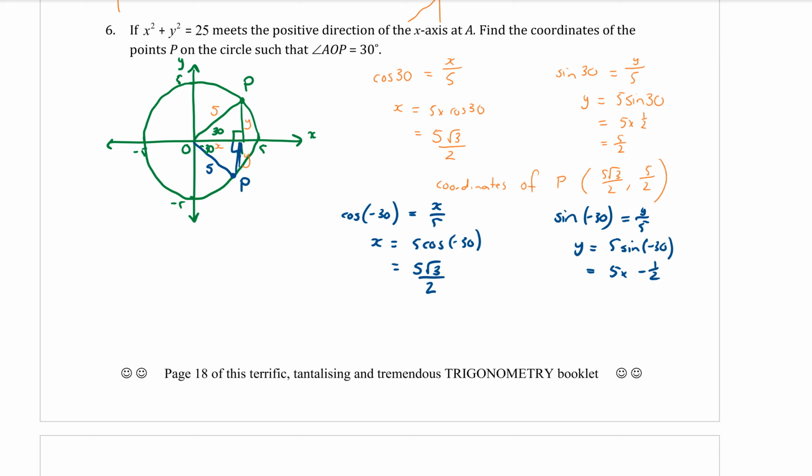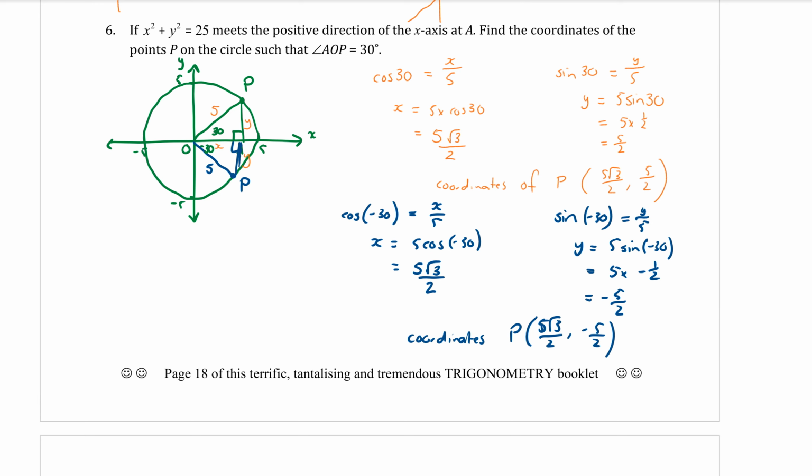Yes? So that makes the minus 5/2. So the coordinates of this second point P is 5√3/2 and minus 5/2, much of which you would have been able to guess given that we've done the first one. But I thought it'd be interesting to look at doing sine and cos of negative angles.